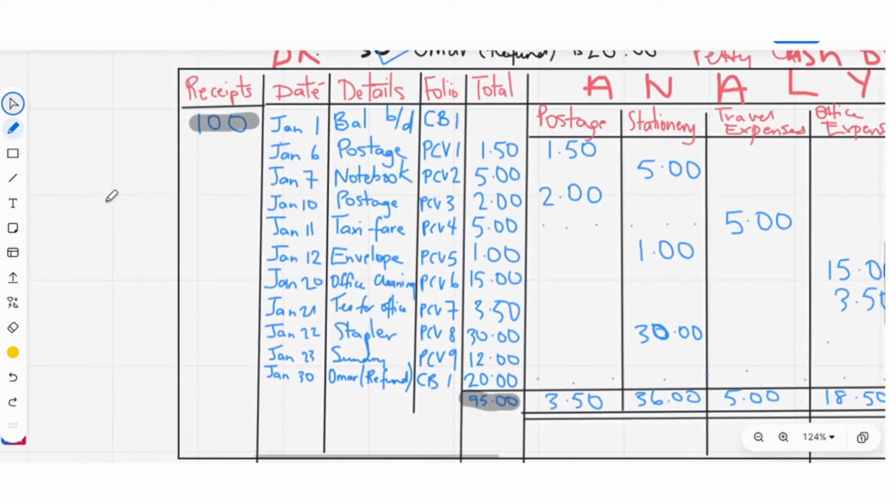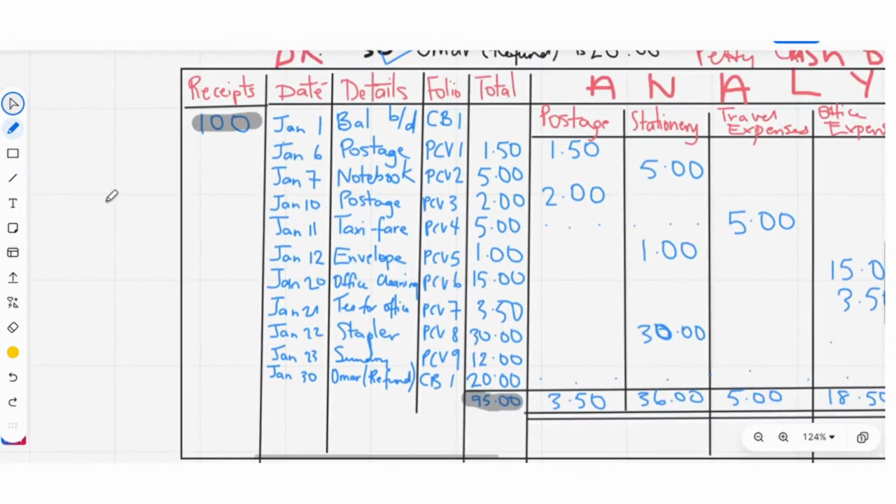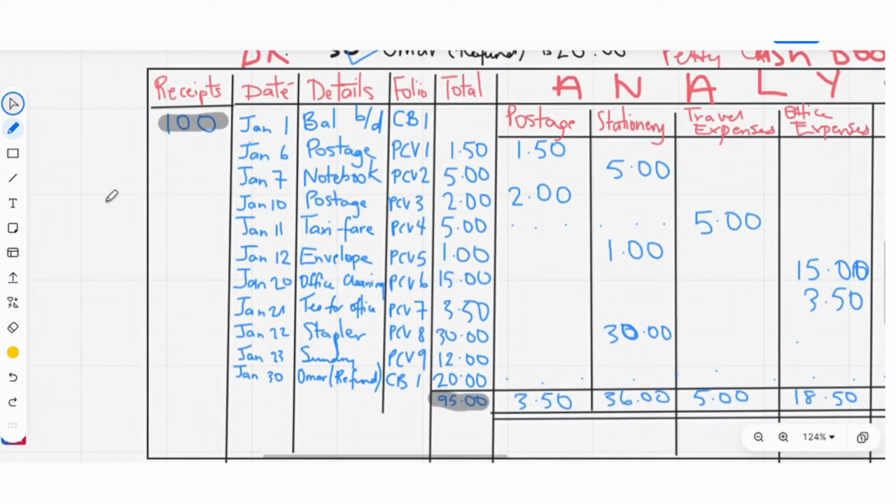Okay, so as I was saying earlier, the $95 here is showing how much you spent, and the $100 here is telling you how much you received. So you want both sides now to be balanced again.